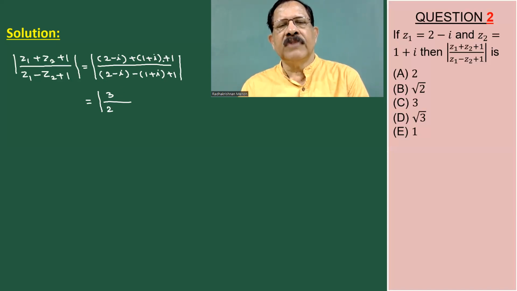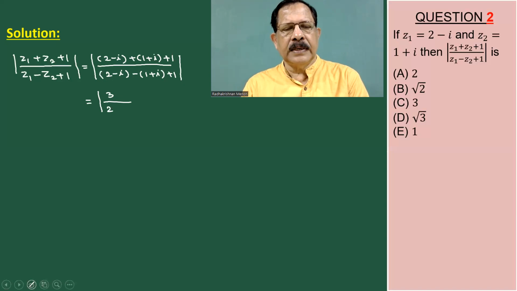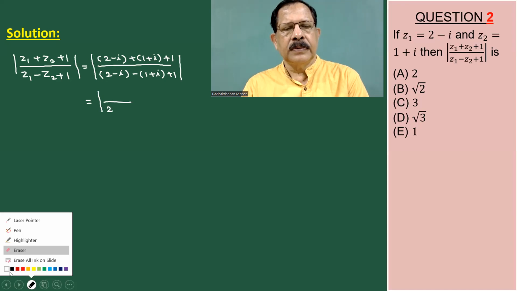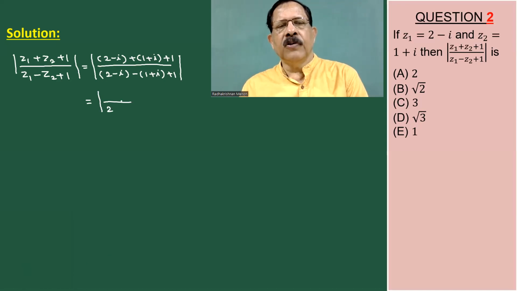Numerator, we have got 2 plus 1 plus 1, it is 4, I think. Okay, there is an error. Here it is 4. 4 divided by 2 minus 1 plus 1, which is 2 only, then minus i minus 2i.